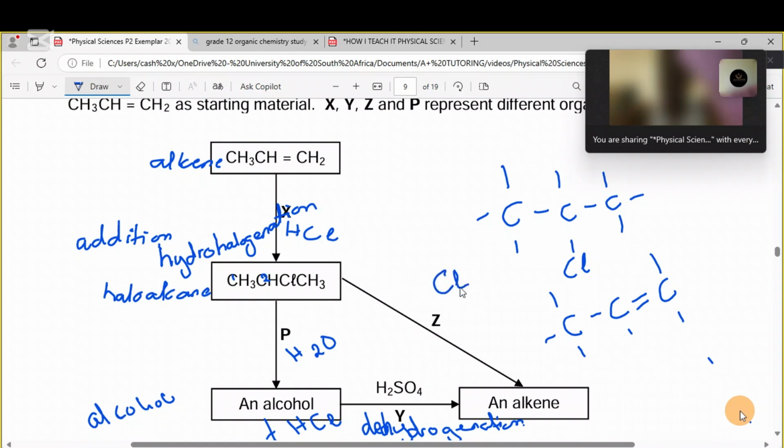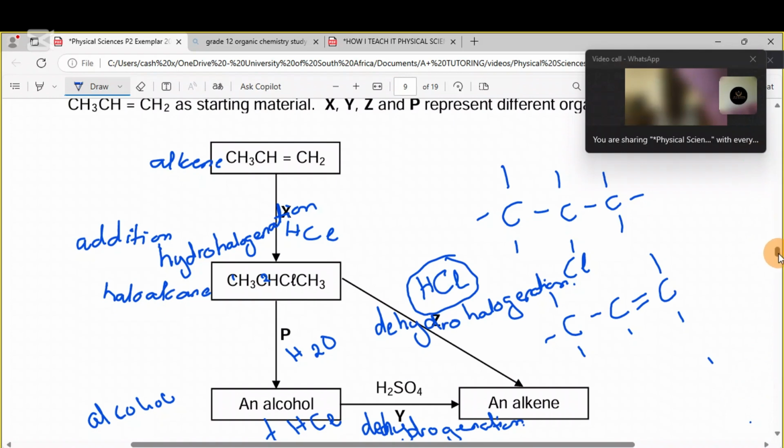What else? And a hydrogen. And what is this process of removing this called? Dehydrohalogenation. Yes. So now you have done everything.